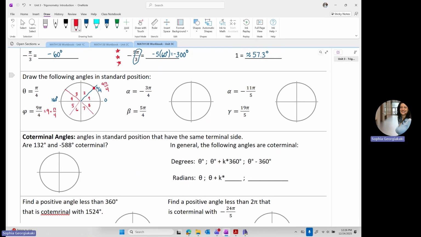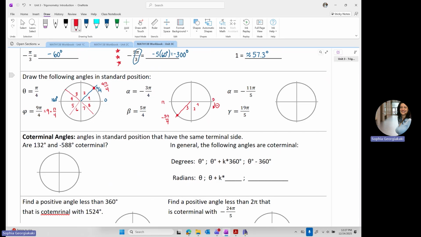Negative 3 pi quarters, I have to go in the negative direction, and I need to do quarters of pi. And again, remember, pi will get me to 180, but from the negative direction. So 1, 2, 3, that's where negative 3 pi quarters will be. And I'm moving from 0 towards the negative direction.